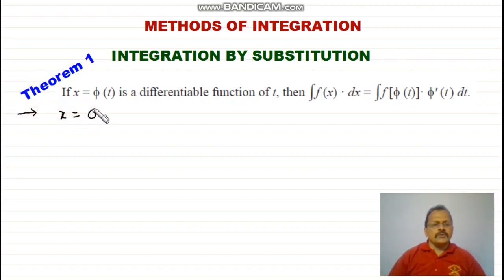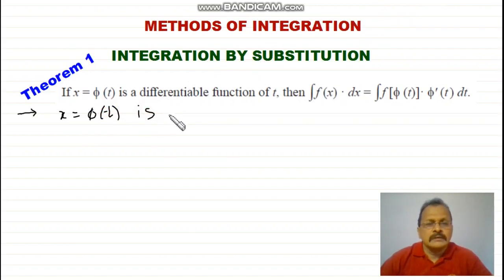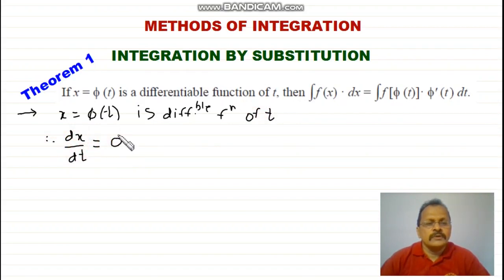x equal to phi t is a differentiable function of t, and therefore dx by dt is equal to phi dash t exists and is finite.